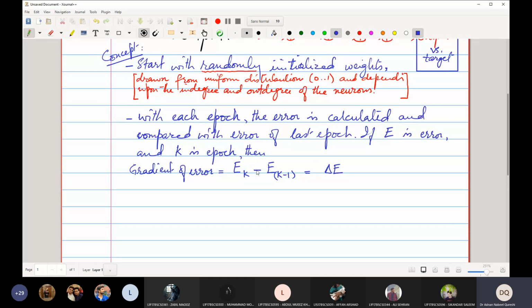किसी भी epoch को आप देखें and compare it with the immediately previous epoch, K minus 1 इसीलिए लिखा है.